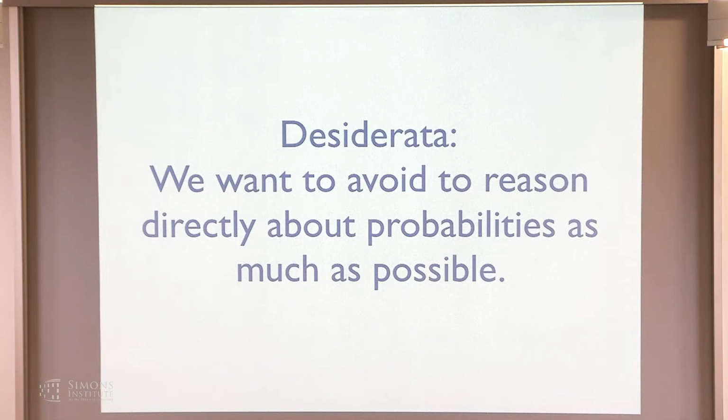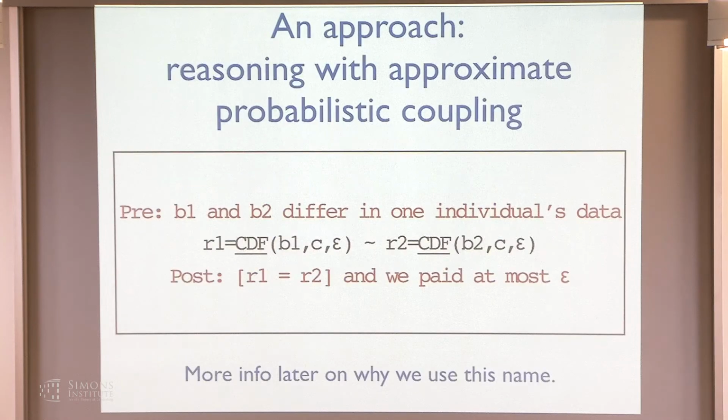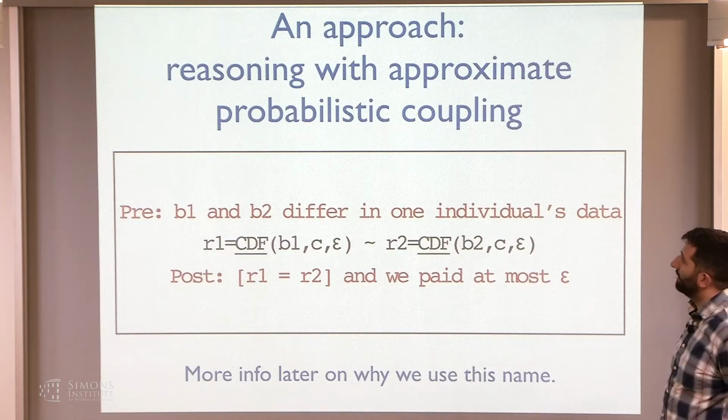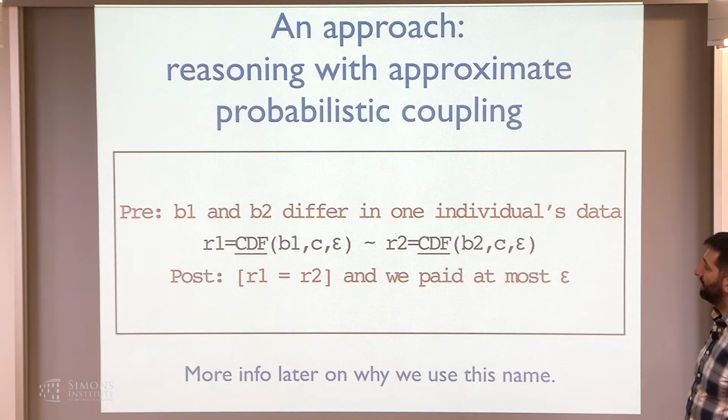For this reason, my collaborator and I, but also people before, look at how to verify these relational properties and probabilistic relational properties. A technique that emerged is the following. We call it reasoning with approximate probabilistic coupling, and I will explain later why.